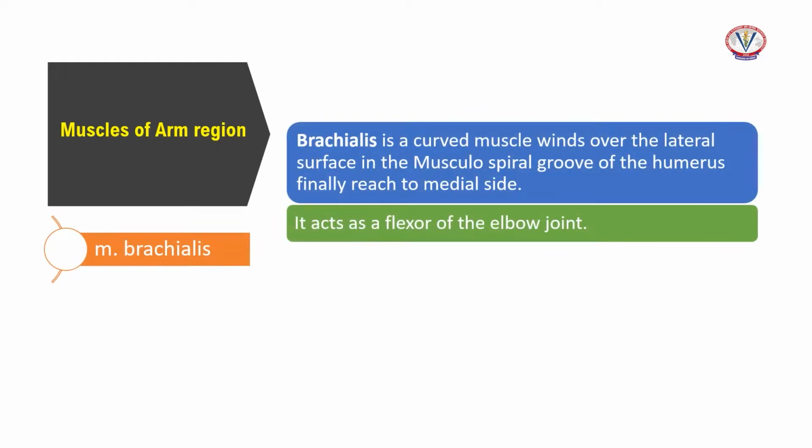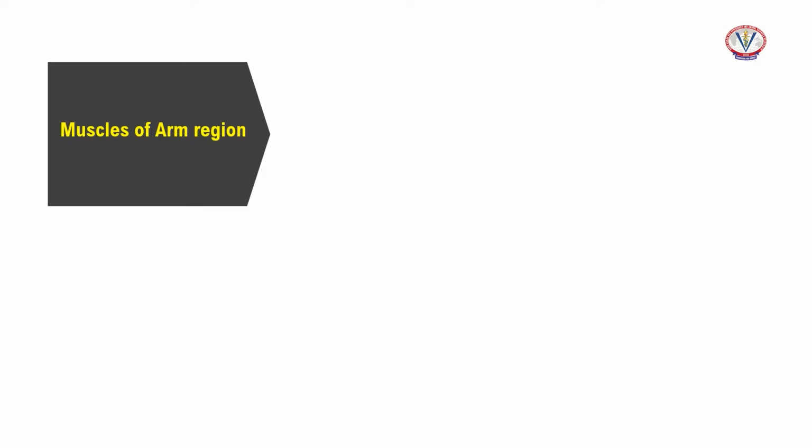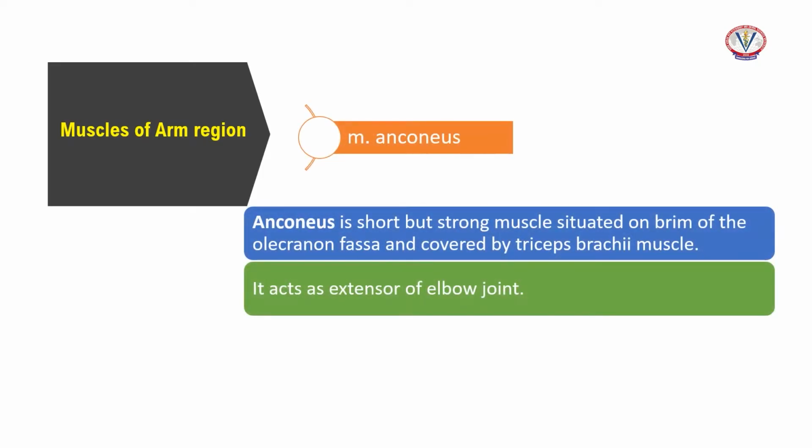The brachialis is a curved muscle that winds over the lateral surface of the musculospiral groove of the humerus, finally reaching the medial side. It acts as a flexor of the elbow joint. The anconeus is a short but strong muscle situated on the brim of the olecranon fossa and covered by the triceps brachii muscle. It acts as an extensor of the elbow joint.